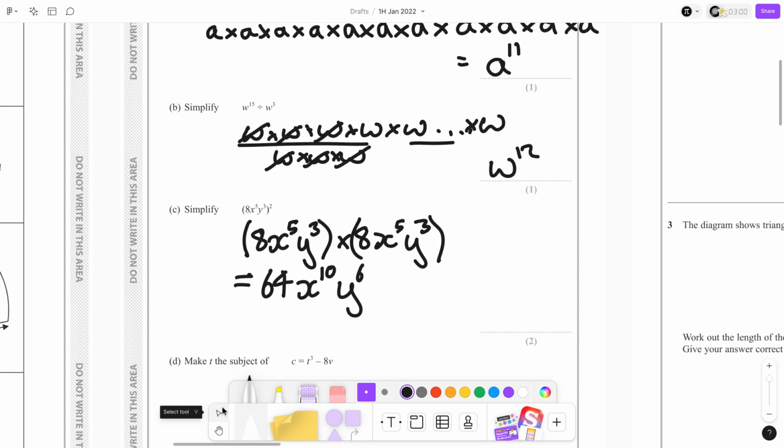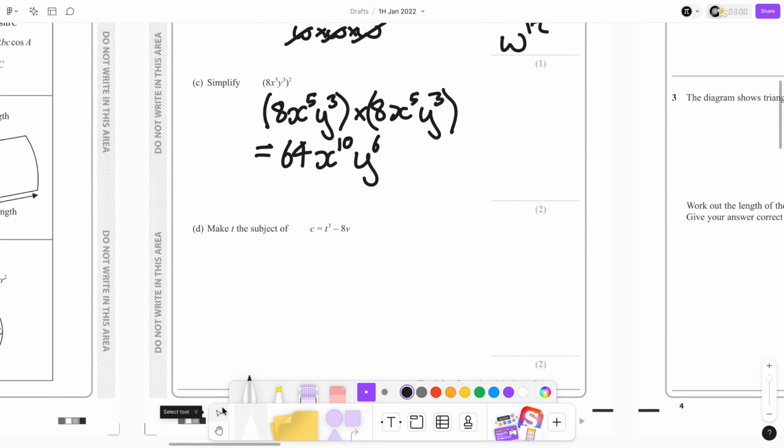Another way of thinking about this, and going forward we can use this, is that we just multiply these indices. So x to the 5 squared is 5 times 2, which is 10. 8 squared is 64, and y to the 3 squared is y to the 3 times 2, which is 6.